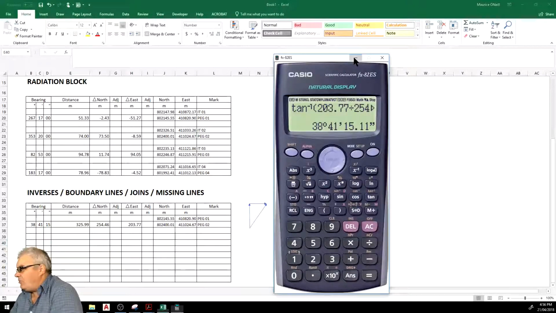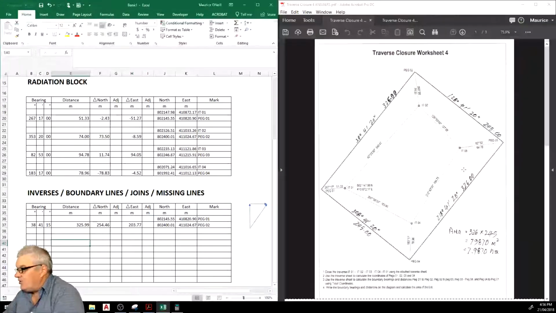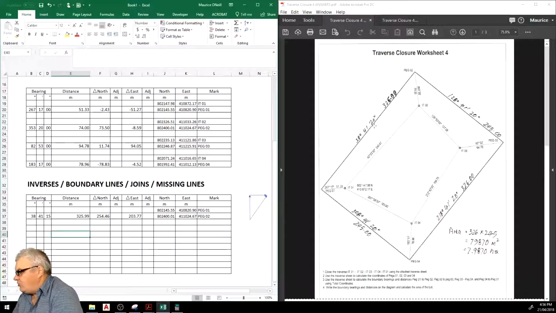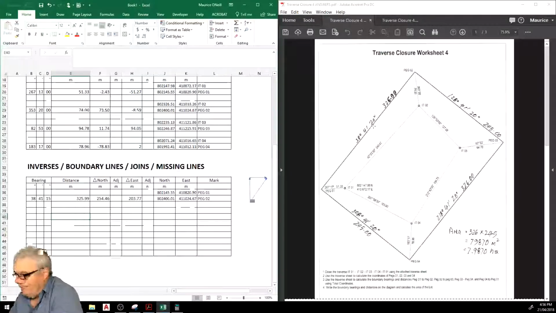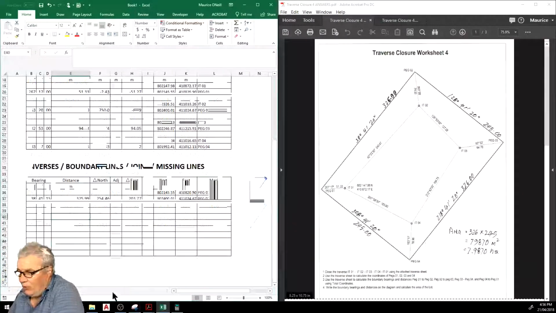Let's put this back to that side. And there we go, 38, 41, 20. So I've rounded that up to the nearest, and the distance is 325.99, so reasonably close. There might be a little bit of rounding issues there, but generally that one's all right.